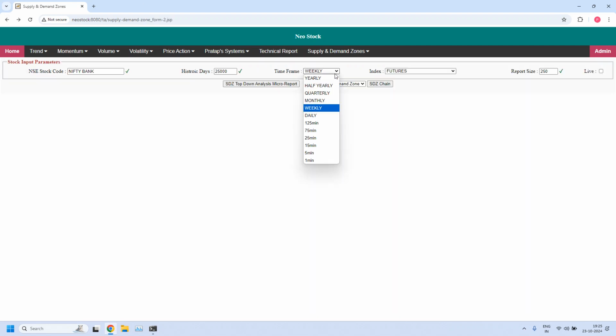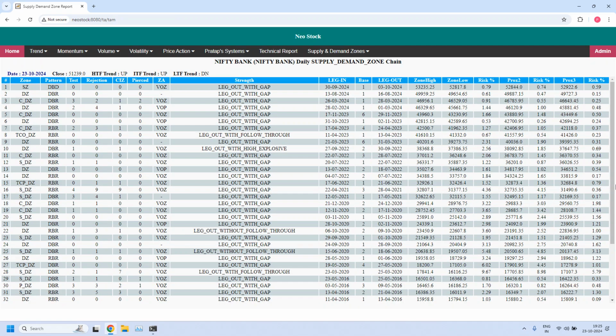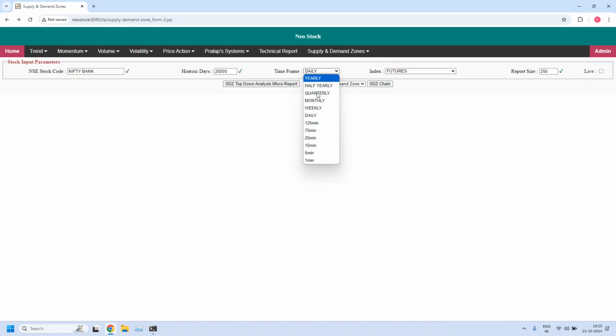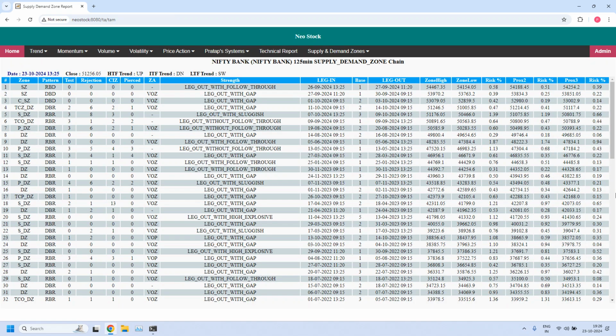Next time frame is daily, generating daily supply demand zone chain for BANKNIFTY. Next time frame is 125 minutes, generating 125 minute supply demand zone chain.